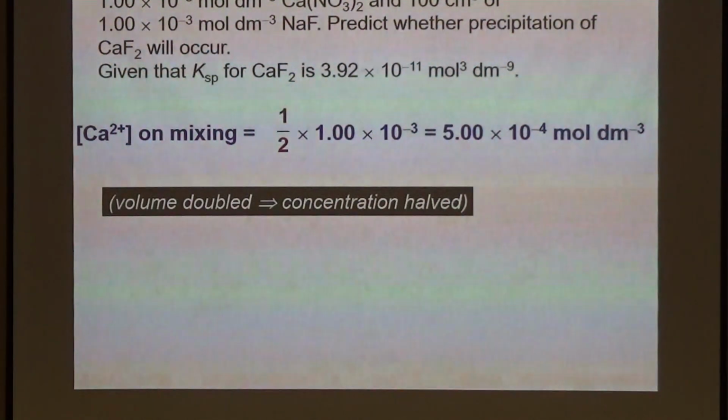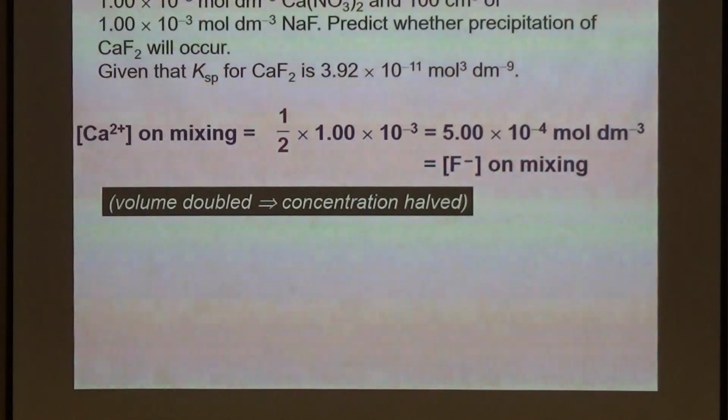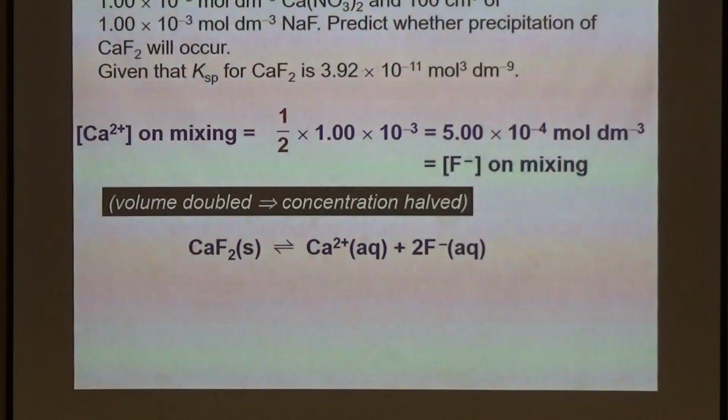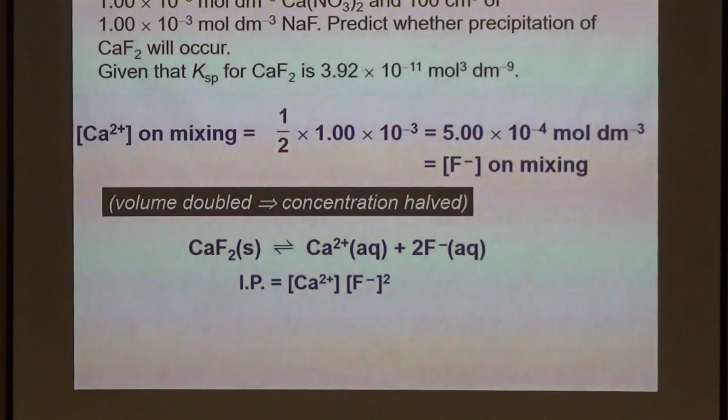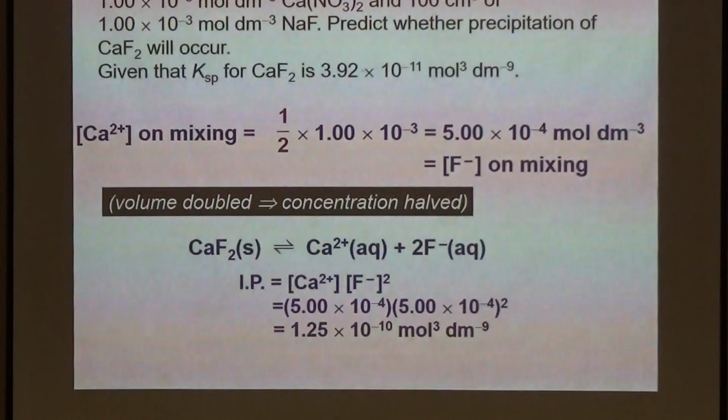Alright? Okay. So, the concentration of the calcium 2 plus should be equal to the concentration of the F minus and is half of the original concentration. Okay, so that is the equilibrium. Calculate the IP out. Take note there are 2 F minus, so it should be F minus squared.